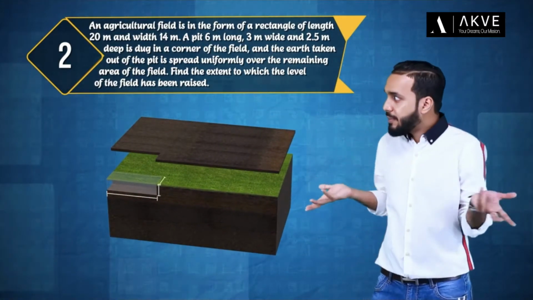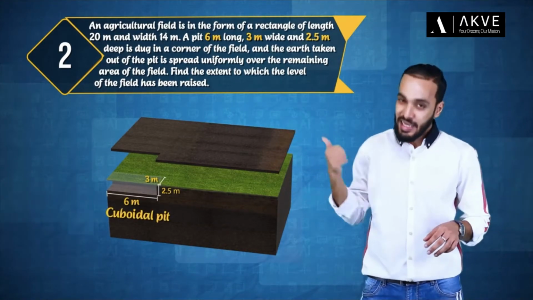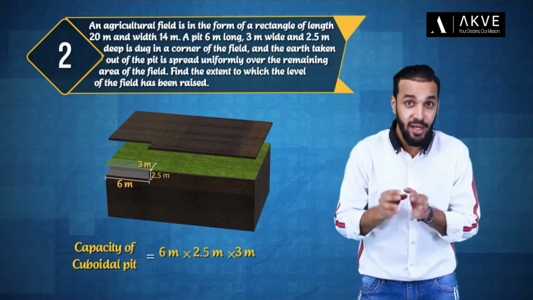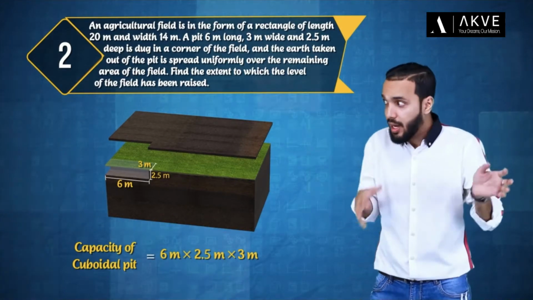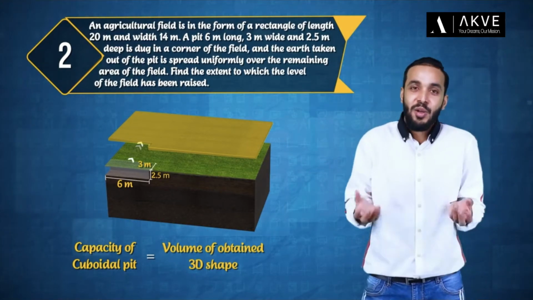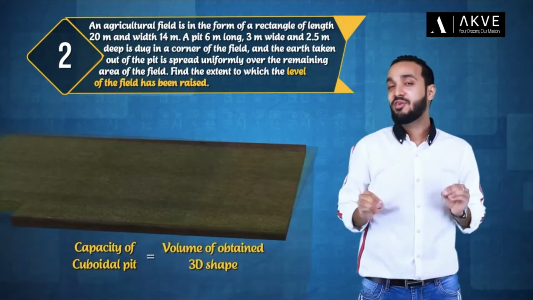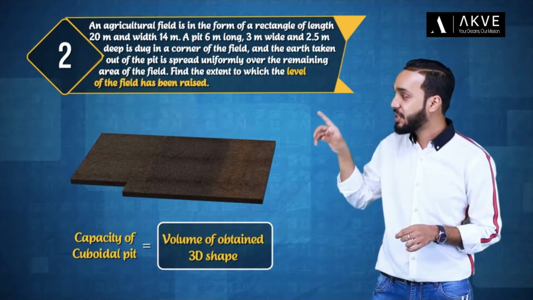Now, from the dimensions of the pit given in the question, it's obvious that it's a cuboid, the capacity of which we can easily find. So, if we can equate this capacity with the volume of this 3D shape, we should be able to find the required height. So basically, we just have to find the volume of this 3D shape.